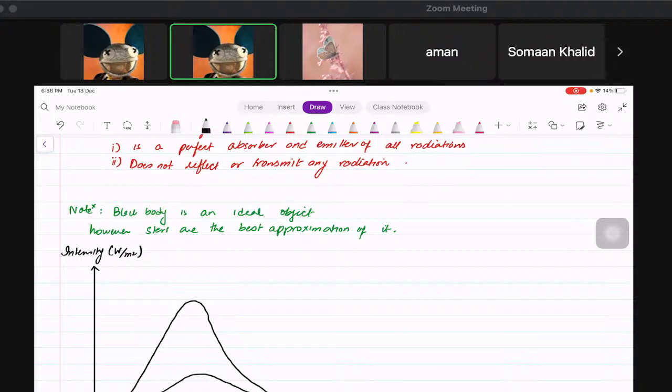Now, what you see right now is that this point for this peak is the lambda max of, let's say, this first star. There are different stars that we're looking at.